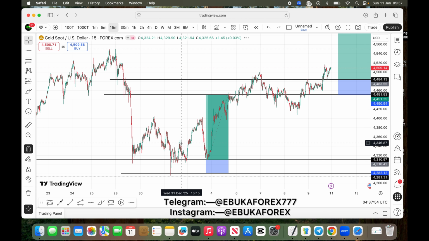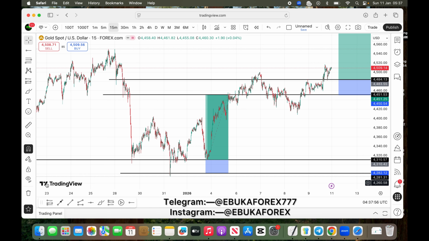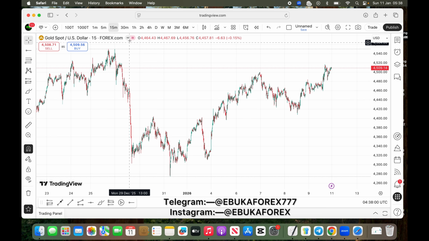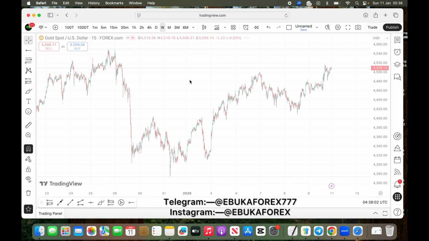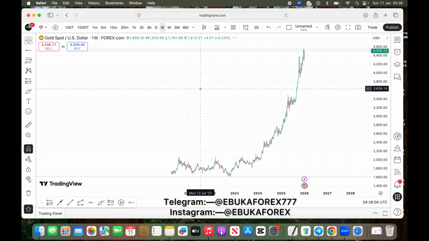So we'll be looking at the major key levels here on the higher time frame, which is the external liquidity.